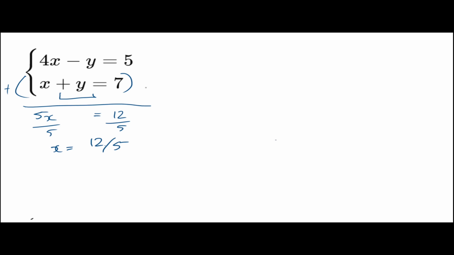And then I'm going to come along here, and in this bottom equation, wherever I have an x, I'm going to put 12 over 5. So 12 over 5 plus y equals 7. Subtract 12 over 5.